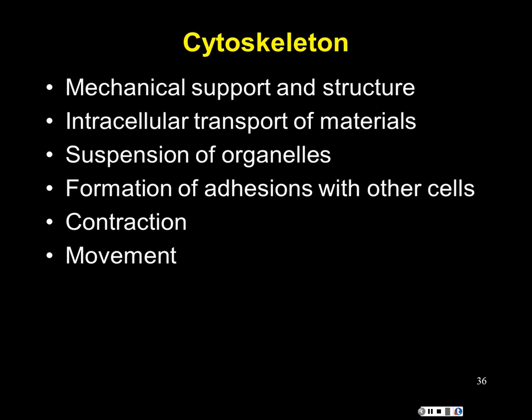Organelles don't settle down to the bottom of a cell due to gravity because they're attached to the cytoskeleton. If you remember last week, we talked about how proteins can join cells together. Those membrane proteins are attached to the cytoskeleton to give rigidity and structure and support.